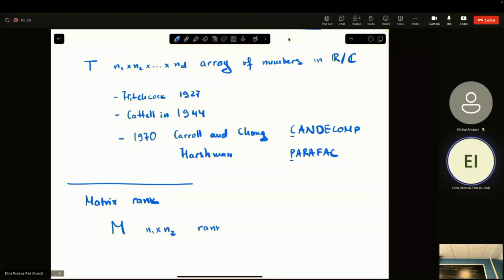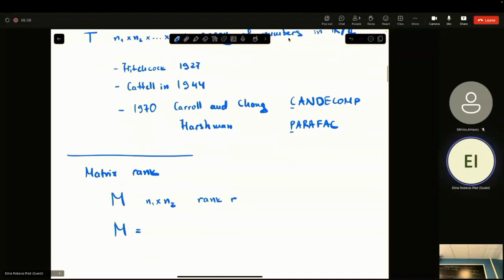One way to impose that it has rank R is to write it as a product A times B, where A is N1 by R and B is R by N2, right? So maybe if R is not very big, then it will look something like this: A times B. And R here is this.